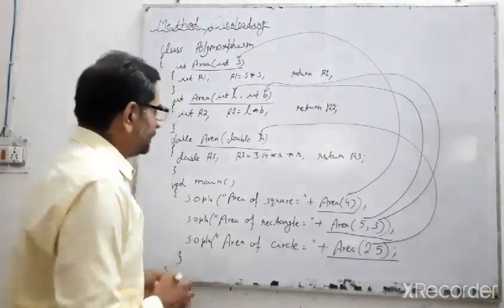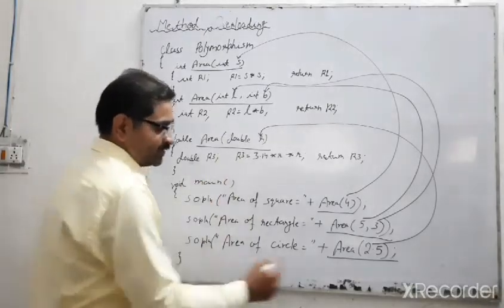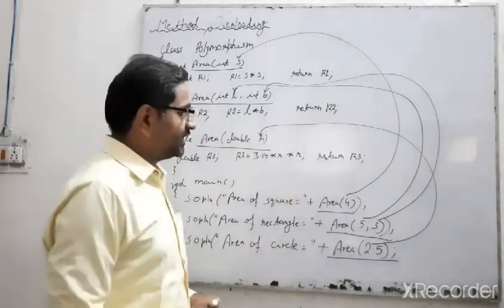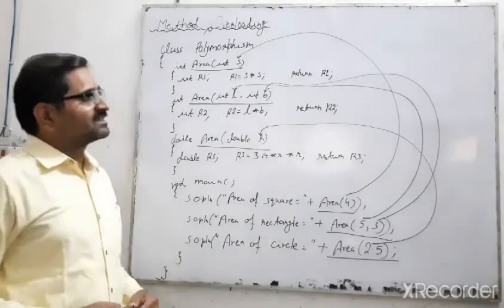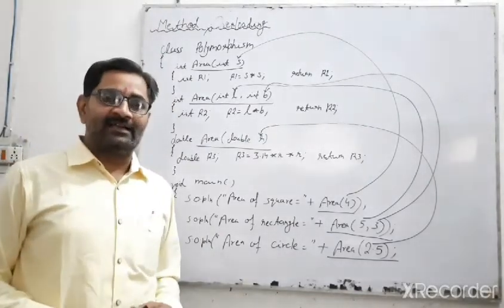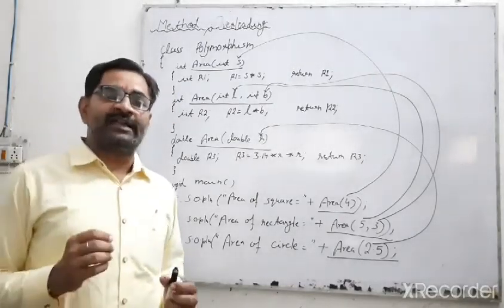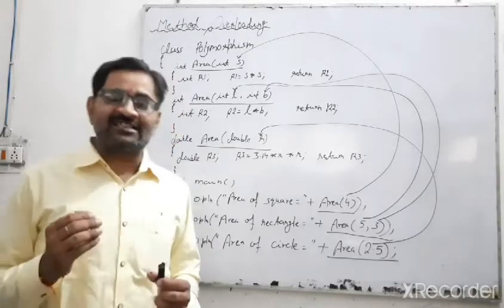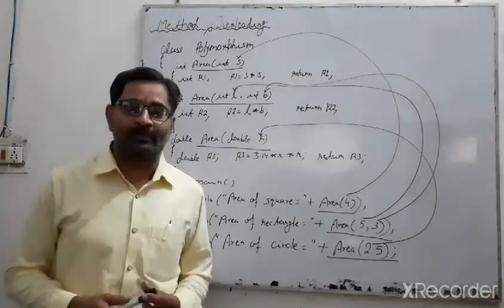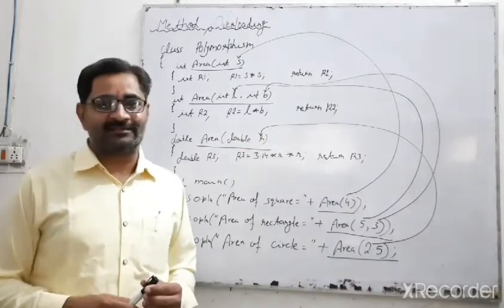Accordingly this function calculates the area of the circle and returns the value to the called function. So this is the example of method overloading, and I remind you, in method overloading the function name is the same. On the basis of the number and types of the arguments, the system will differentiate the methods. Thank you.